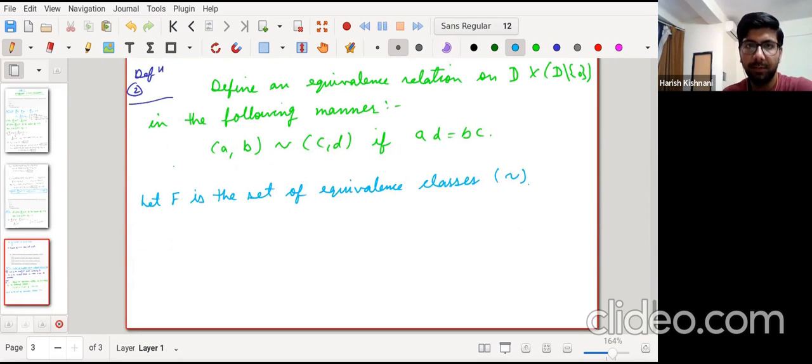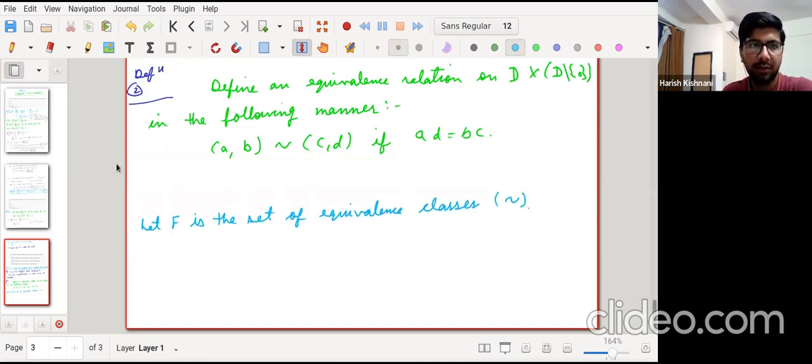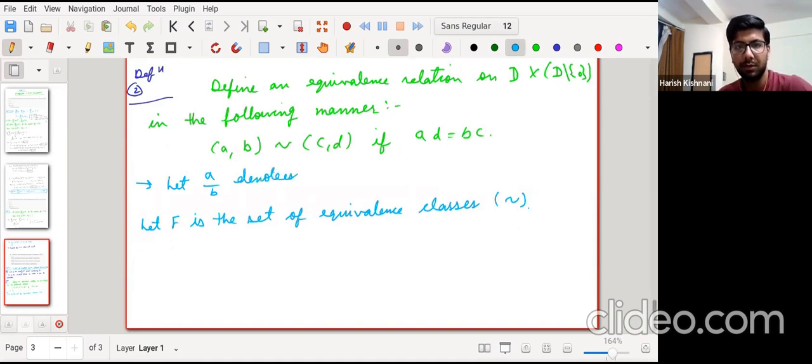Before that I should write one more statement: let a by b denote the equivalence class of (a, b).